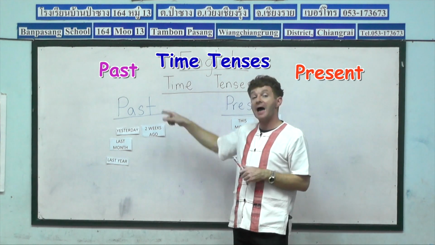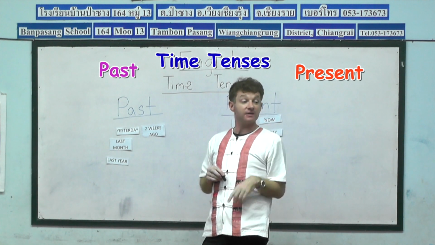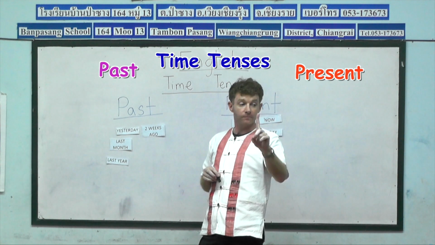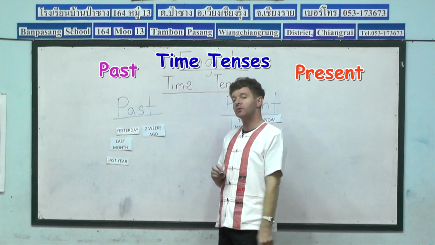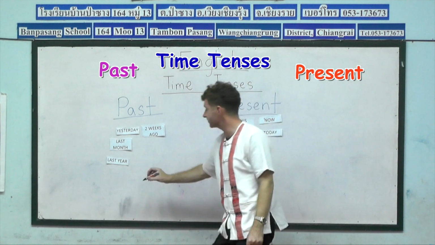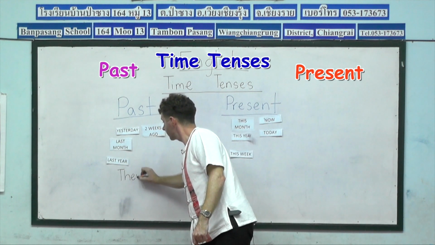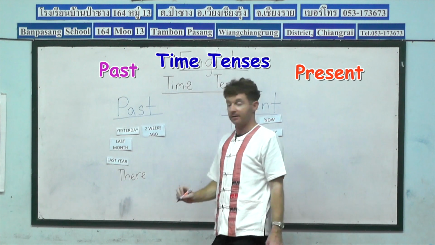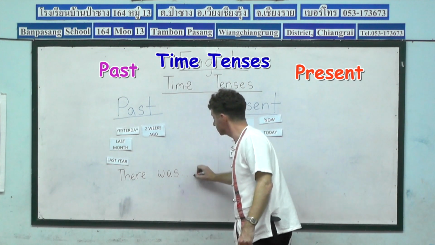So in the past, if we're talking about one thing, is that singular or plural? Singular, okay? So in the past, if we talk about a singular object, we will say, there was.